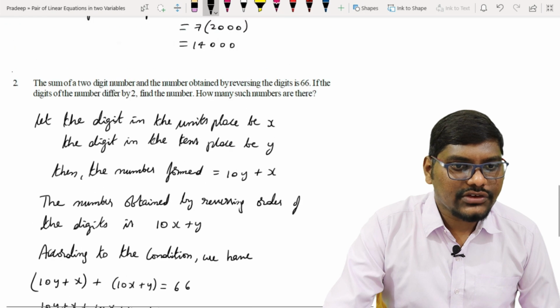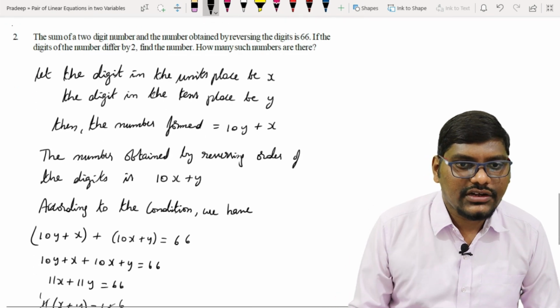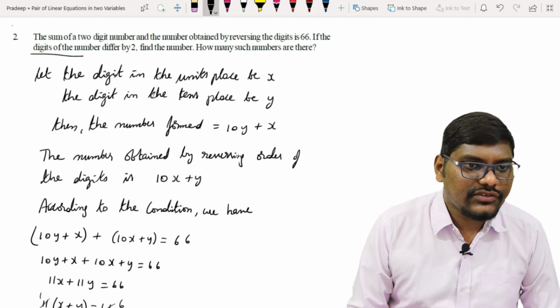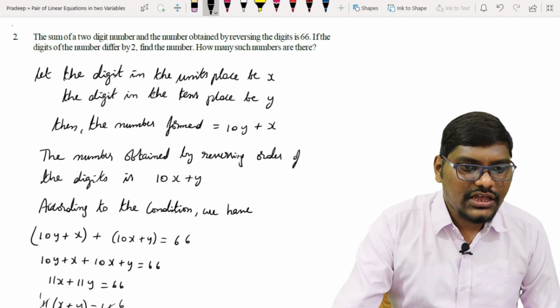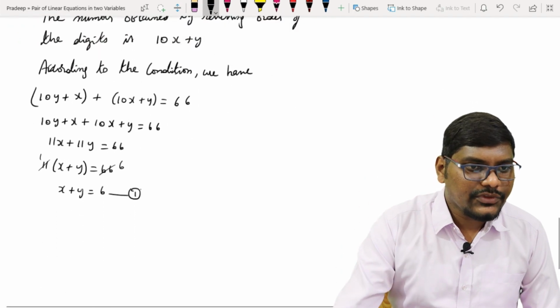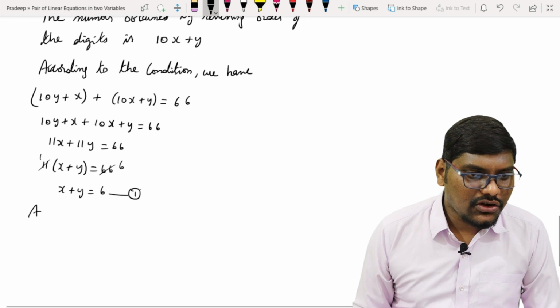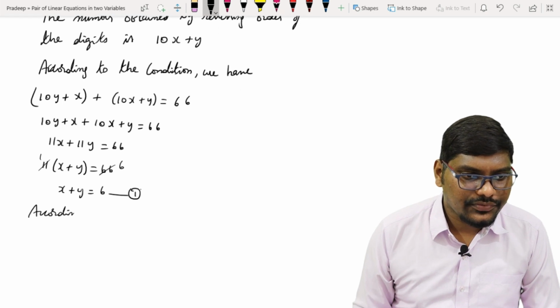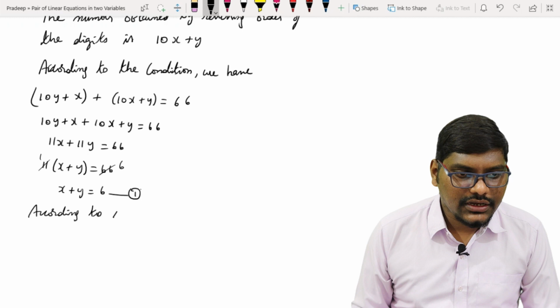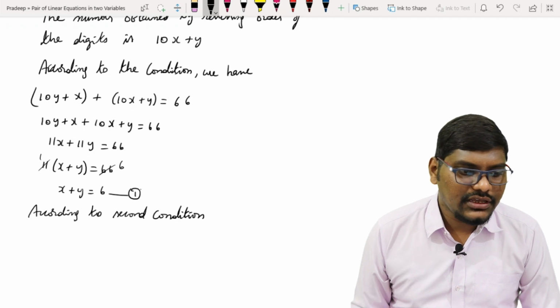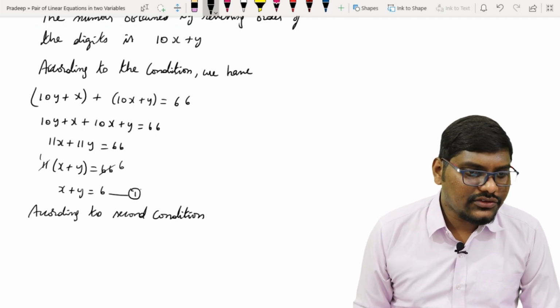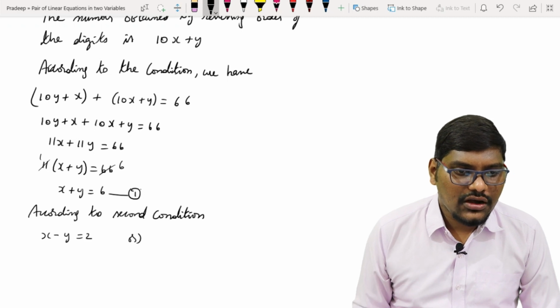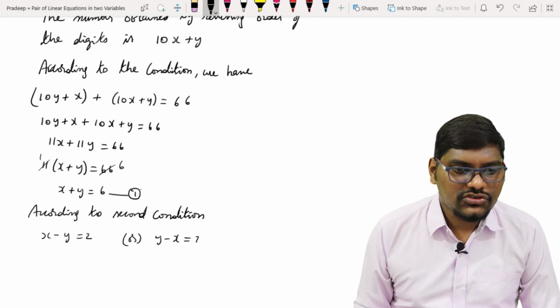We'll go back to the question and see the second condition, that the digits of the number differ by 2. So they are saying the digits differ by 2. According to the second condition, I can write this as x minus y equal to 2 or y minus x equal to 2.